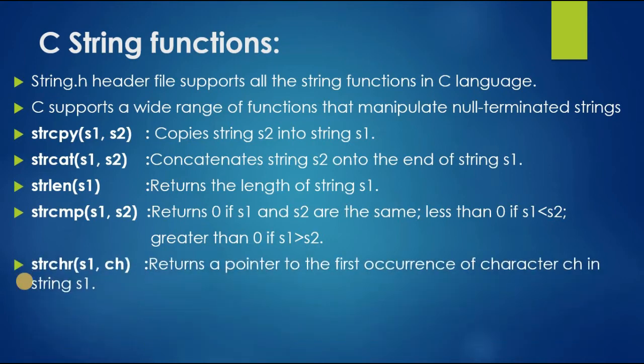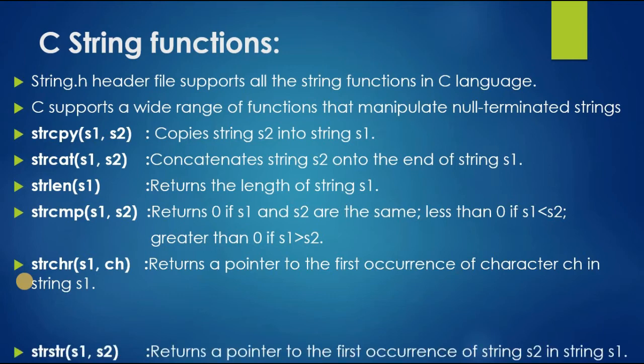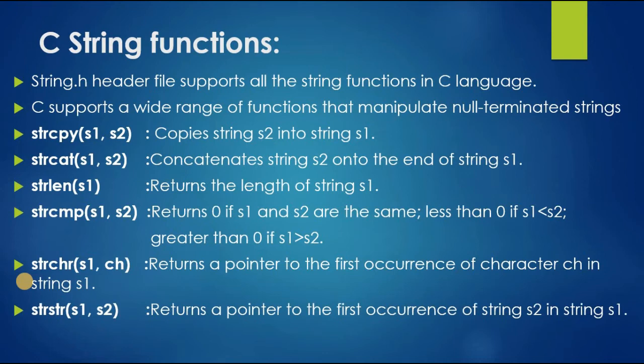Then strchr, which returns a pointer to the first occurrence of a character ch in string s1. Then strstr returns a pointer to the first occurrence of string s2 in string s1. These are the string functions used for performing operations on strings.